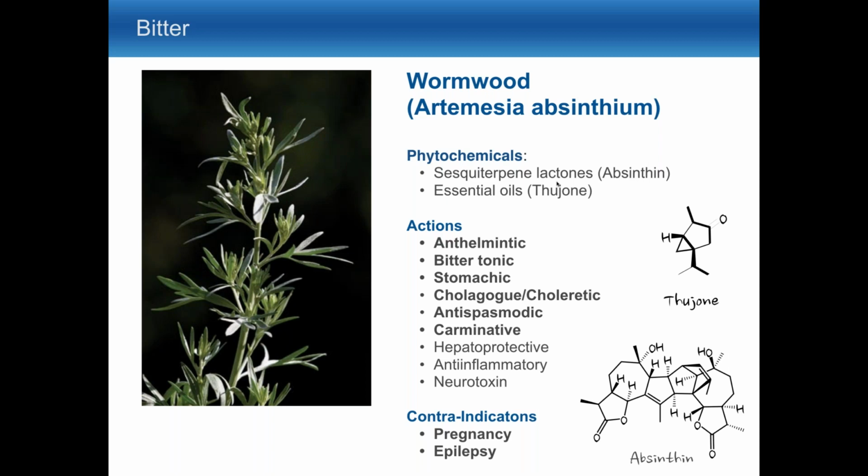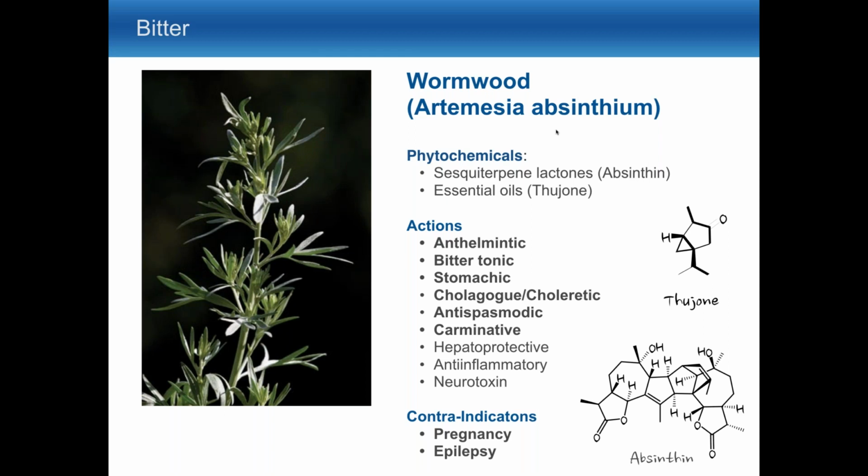It has some fun things associated with it. If you drink absinthe, the thujone stimulates the nervous system, but then the alcohol suppresses the nervous system. So it's kind of like drinking Jaeger and Red Bull. One's a stimulant, one's a sedative.